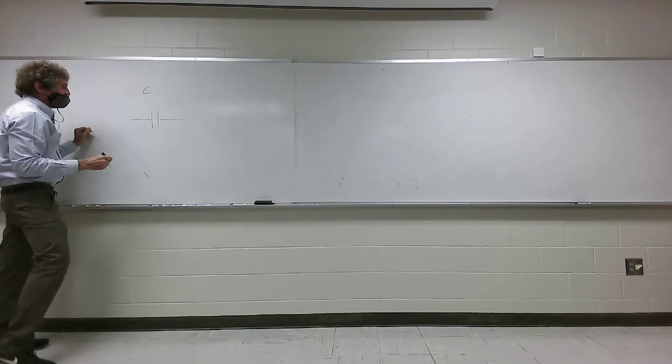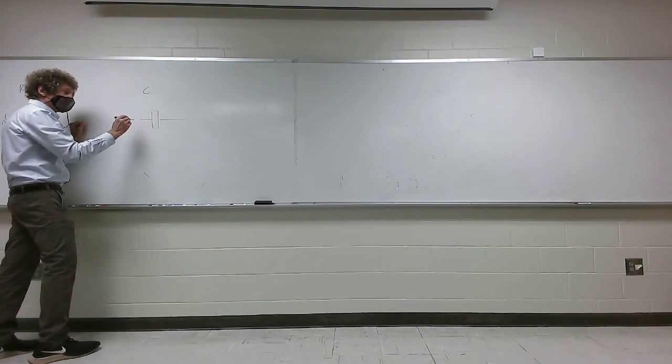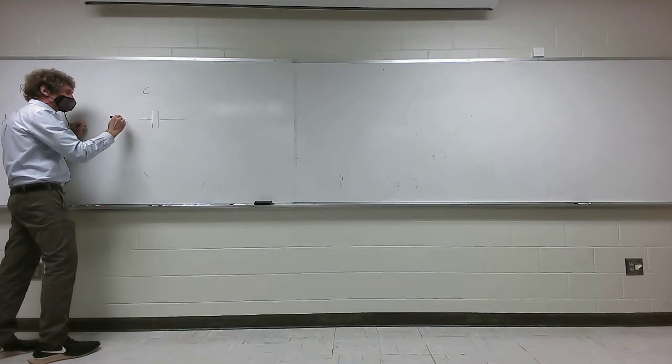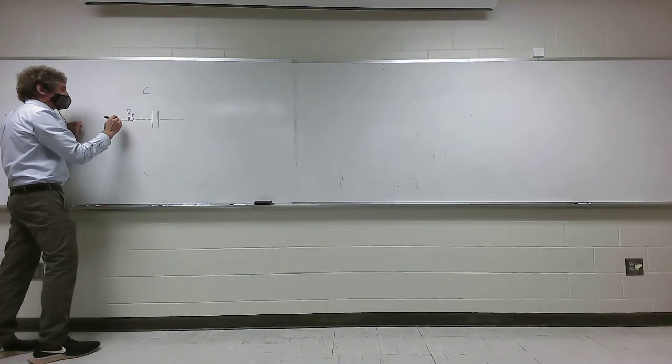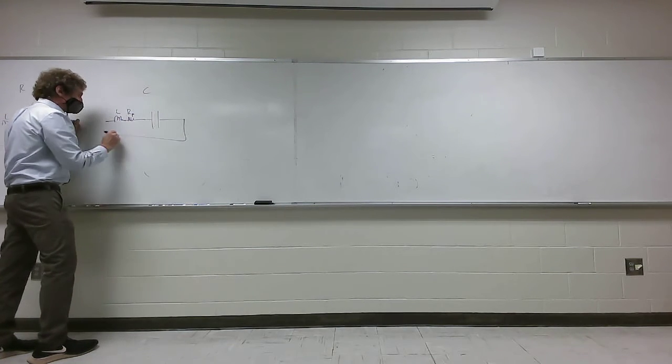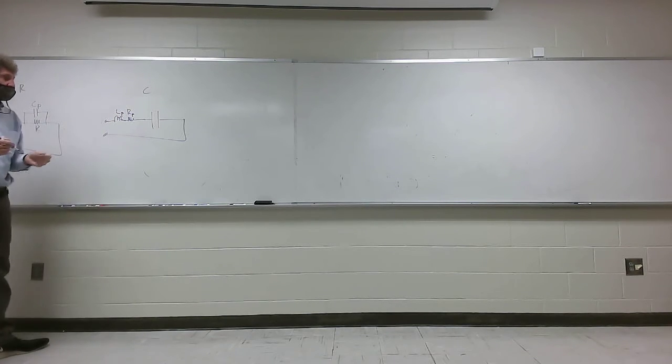But normally when we deal with mica capacitors or low loss capacitors, you'll have a resistance here that has to do with the wire. And this is R, I guess it's parasitic. And it has to do with the lead length. And then you would have an inductance, L. And this is a parasitic inductance as well. That would be for a capacitor.